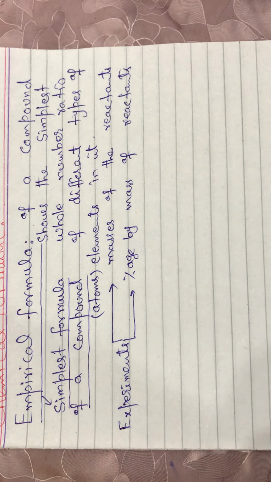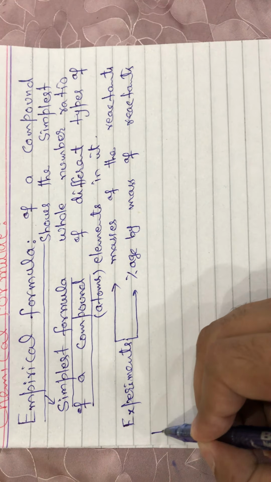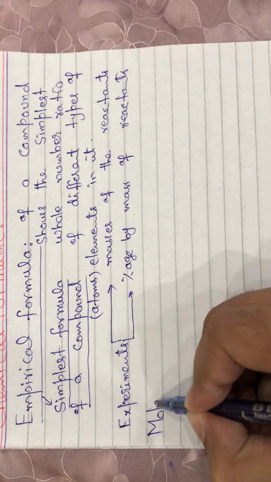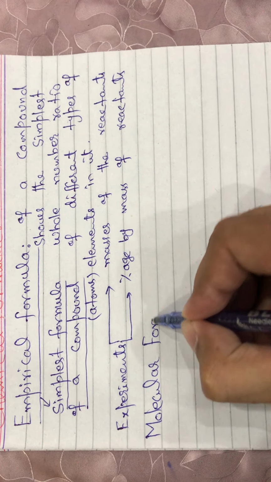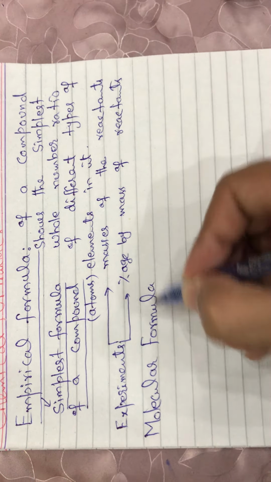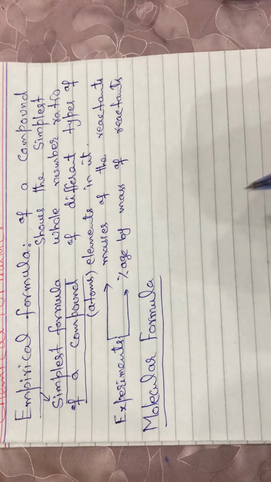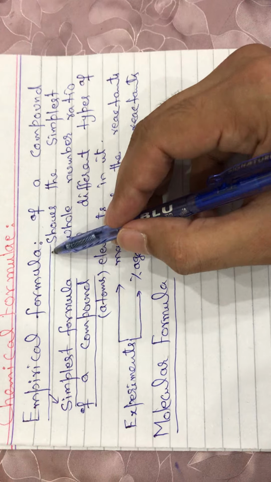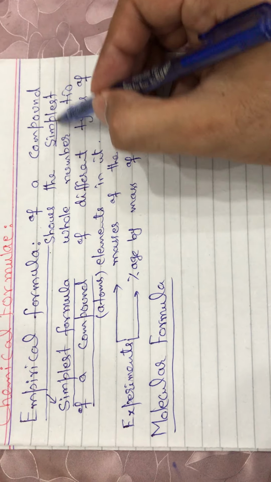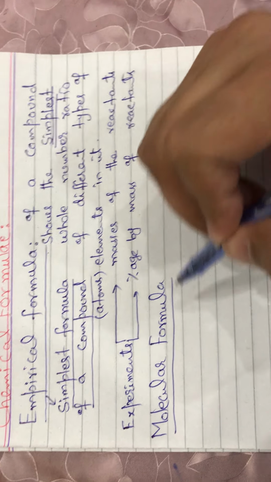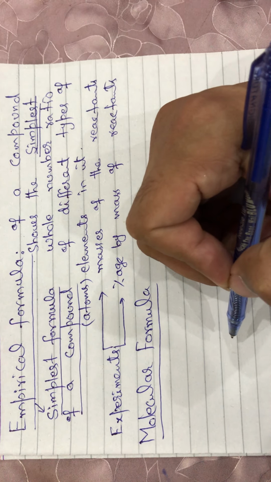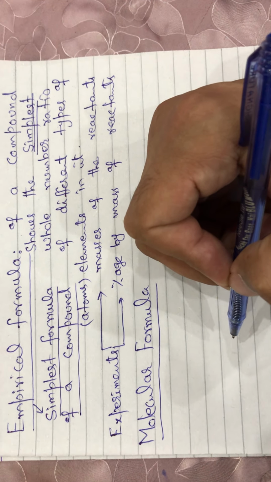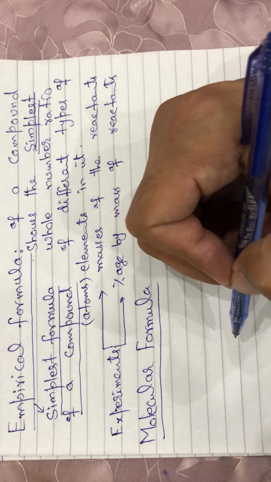The second one is molecular formula. The empirical formula tells us the simplest whole number ratio, but the molecular formula tells us the exact number of atoms of elements that are present in a compound.